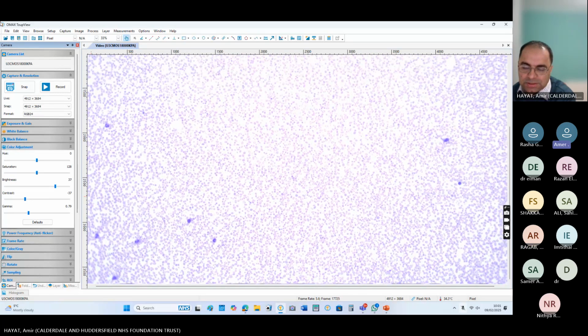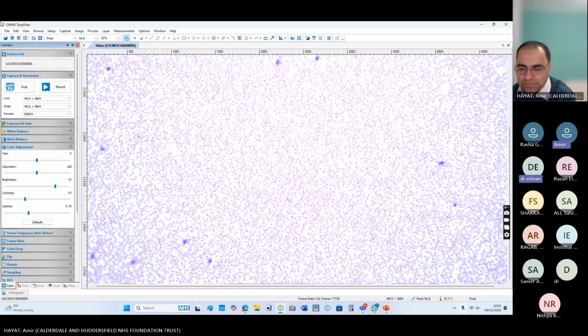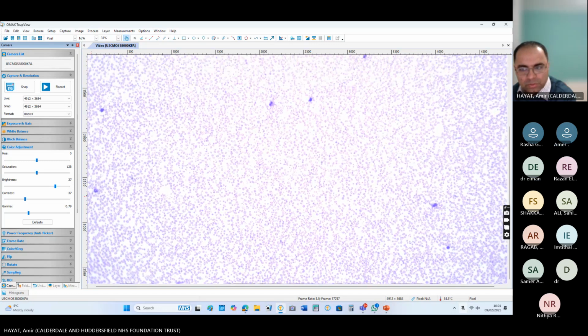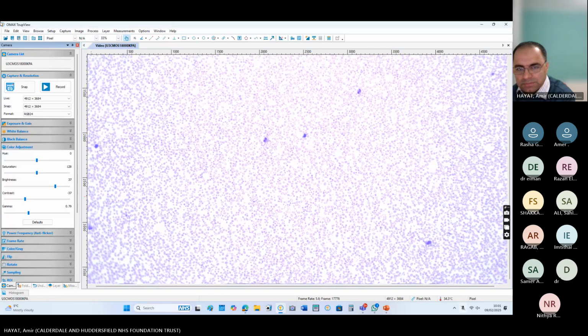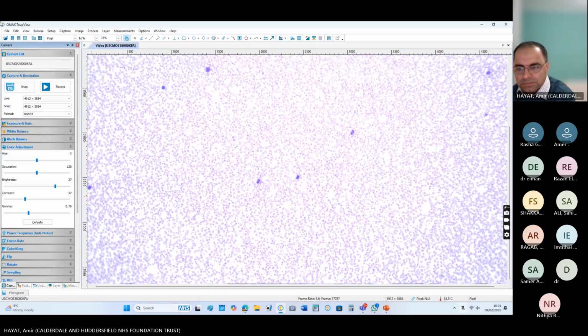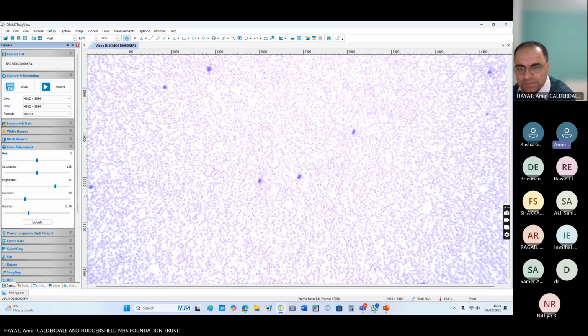This is the last case. This is a 5-year-old boy with jaundice. This is power 10. Sorry, did you say with jaundice? Jaundice, yeah.